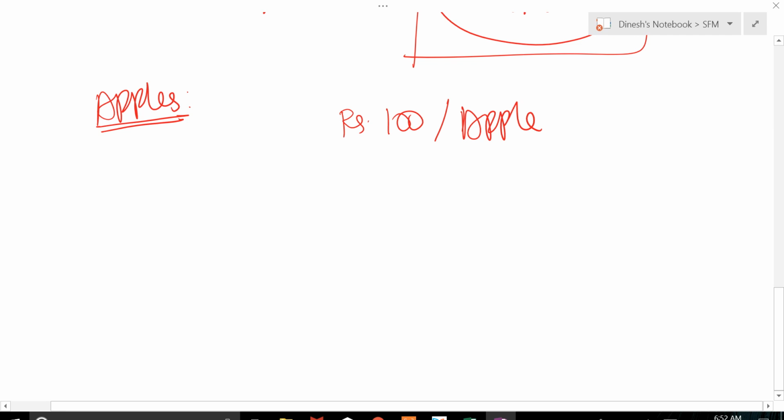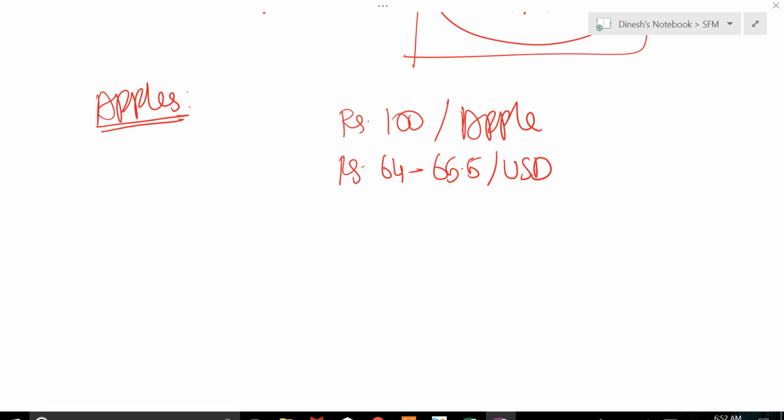But in currencies, you'll also know the purchase price, you'll also know the selling price, and what profit the bank is making. You go to the bank and ask what is the exchange rate, he'll give it like this: rupees 64-65.5 per USD.